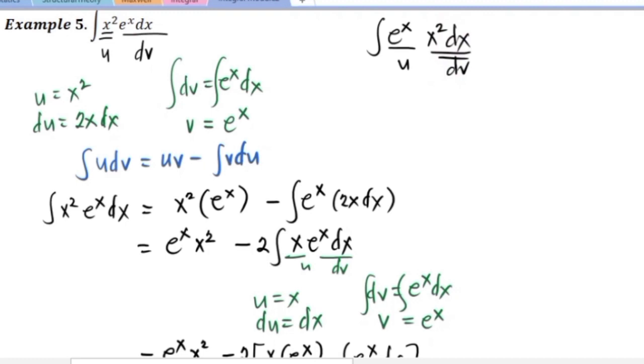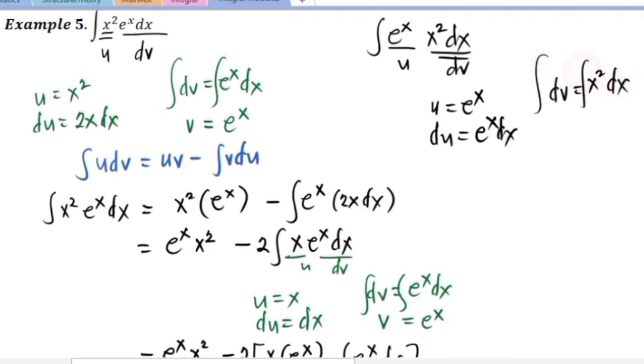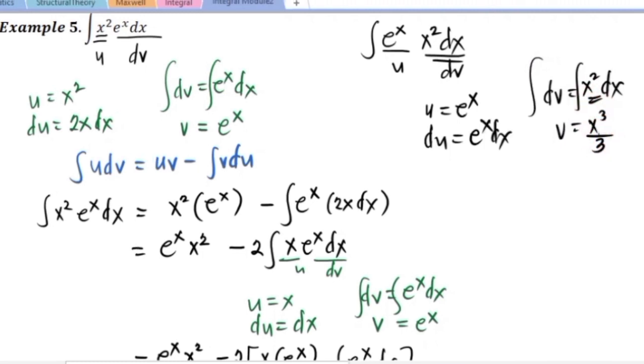So if this is the case, u is equal to e to the x, therefore your du is equal to e^x dx. And if your dv is equal to x squared dx, remember, if we are taking the integral, etong x squared na to ay maging x cubed over 3.